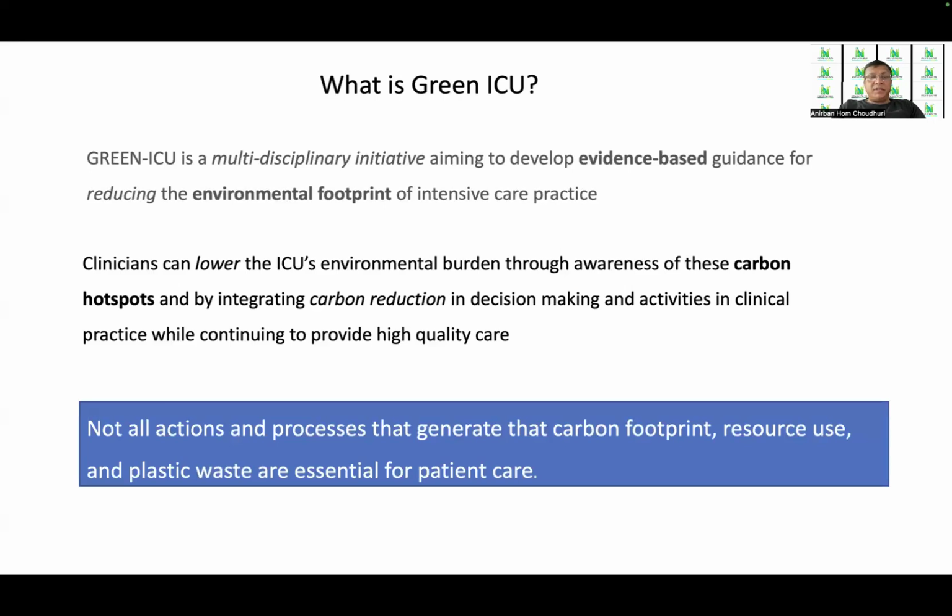One has to remember that not all actions and processes that generate the worrisome, harmful carbon footprint, and all those activities of resource use which cause plastic waste, are essential for patient care.